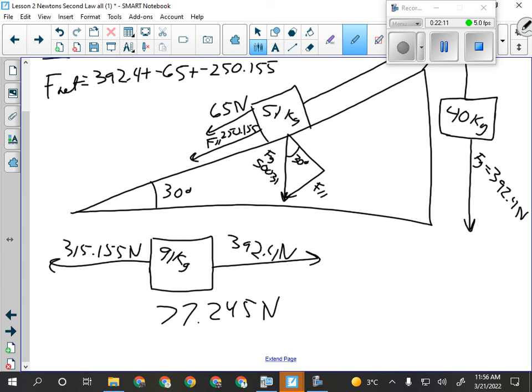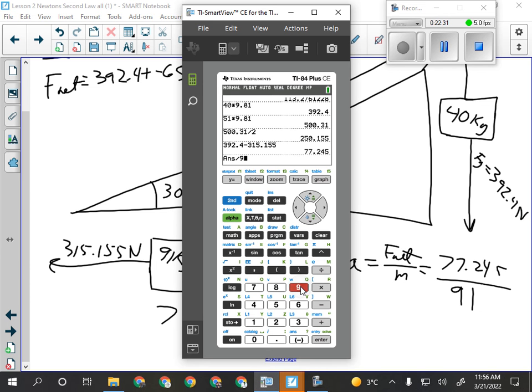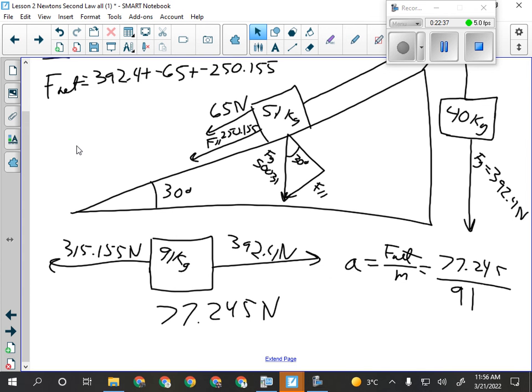Divide the net force by the mass of the system, not of that one mass. The whole system has to accelerate. So we're going to have 77.245 divided by 91 kilograms. Okay, so our acceleration is 0.85 meters per second squared.